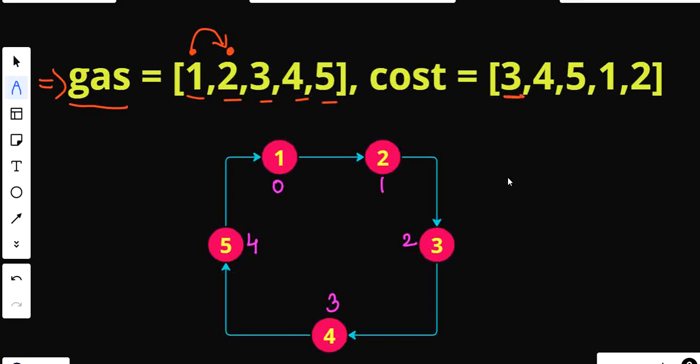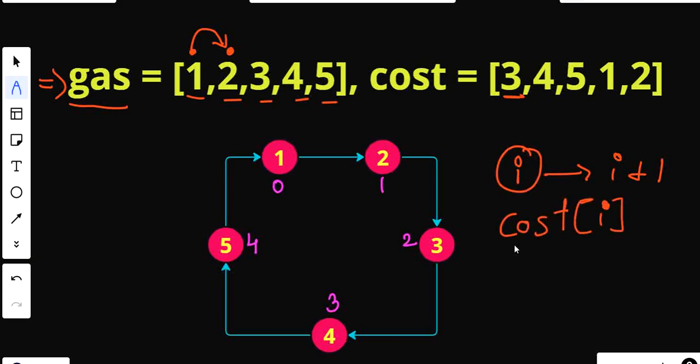So if I want to travel from I to I plus 1, I need to check the cost of this traversal, which is given in cost I. I have drawn this gas array in the form of a circuit because we not only have to traverse this whole array, but we need to traverse it in a circular manner.